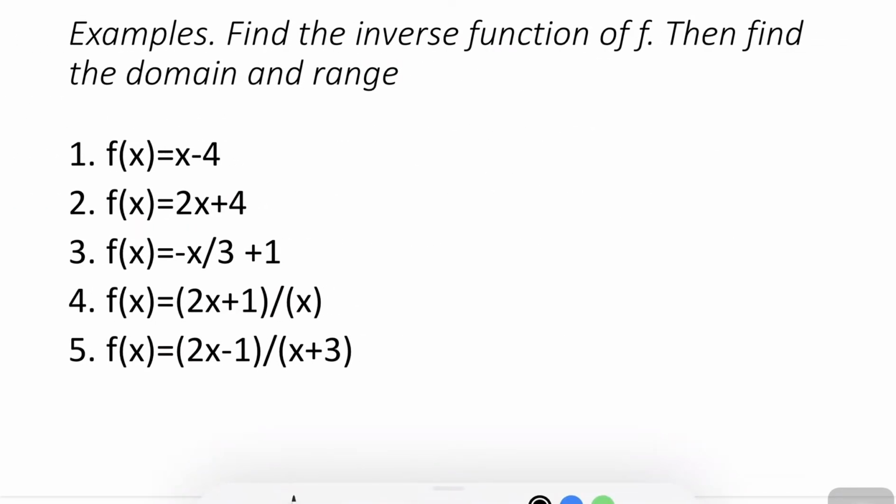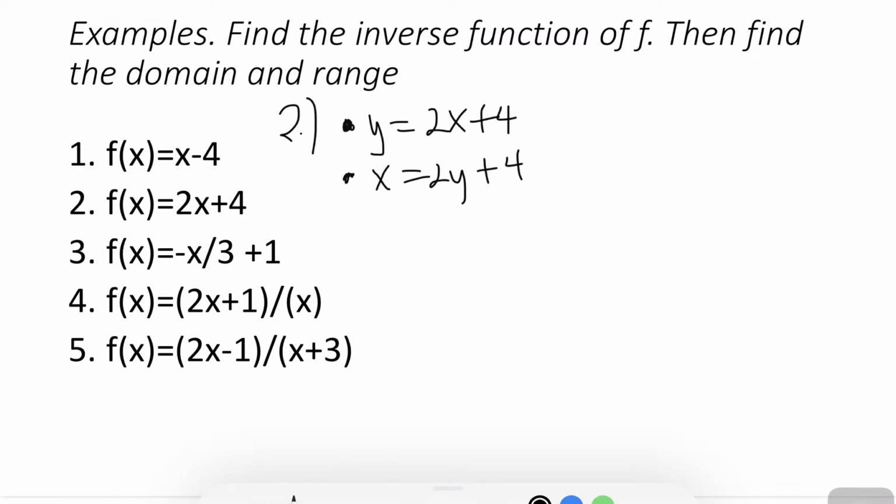Number 2. Step 1, replace f of x by y. Step 2, interchange x and y. So x is equal to 2y plus 4. Step 3, solve for y in terms of x.